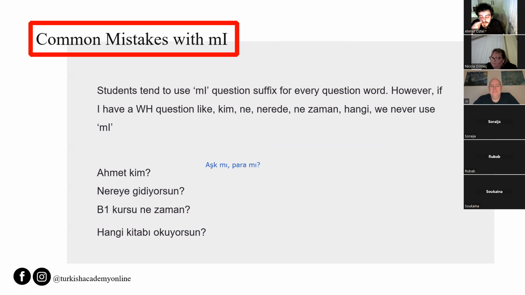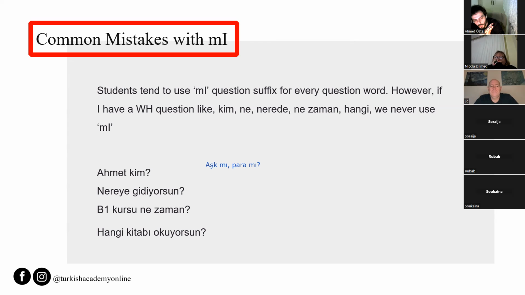There is one thing that I have to remind you about the mu. It's a very common mistake that I hear from students, especially in A2, and sometimes even B1 level students do this mistake. When we have a question that requires information, in English we call them WH questions. In Turkish, we call them 5N1K questions.